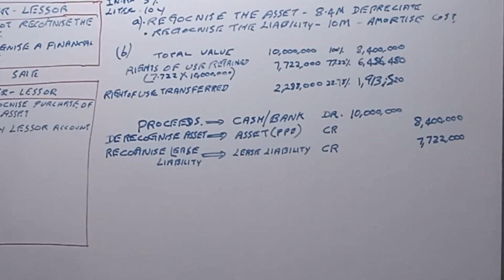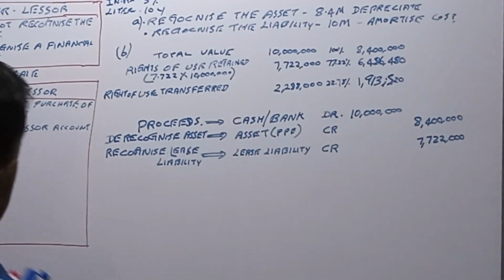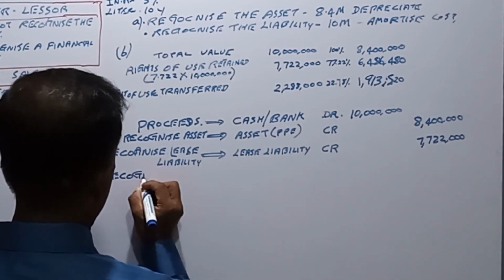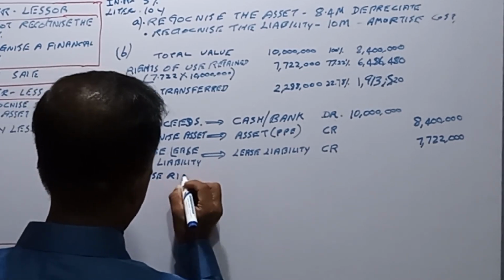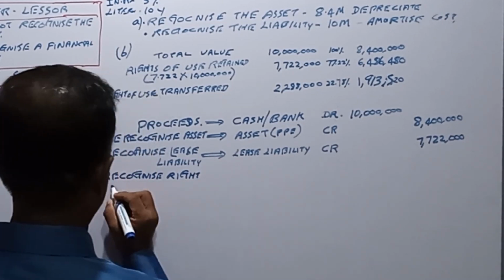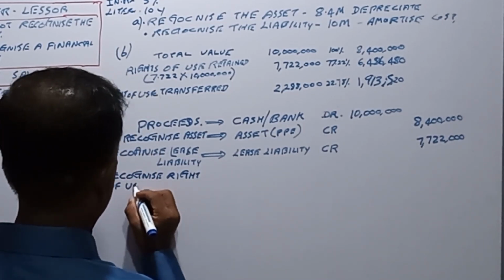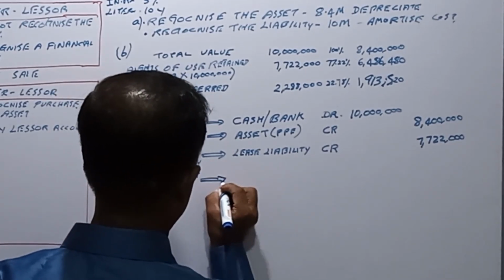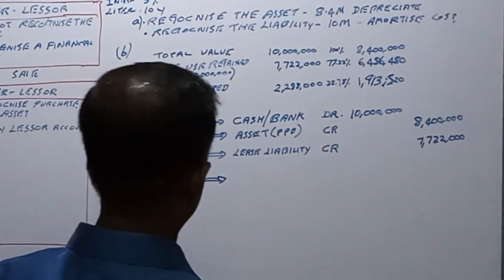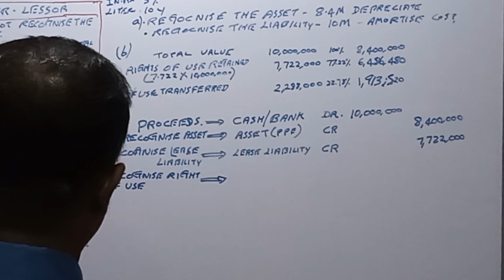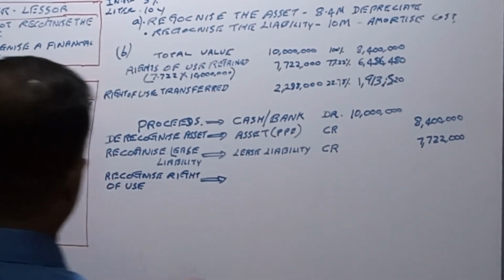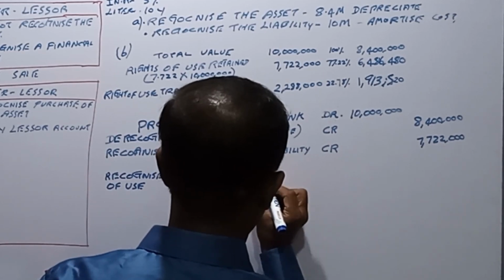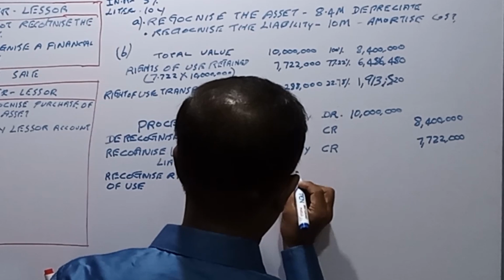After that, recognize the right of use. Recognize the right of use, that is the asset account, property, plant and equipment account, debit.